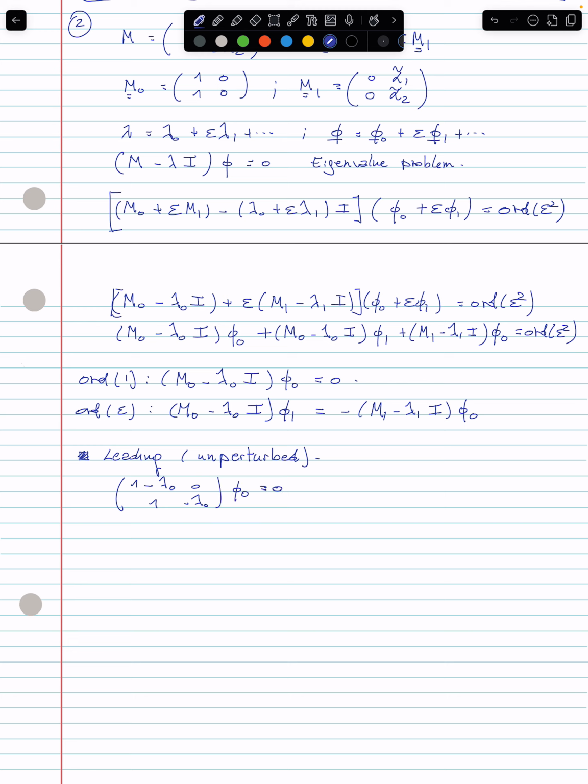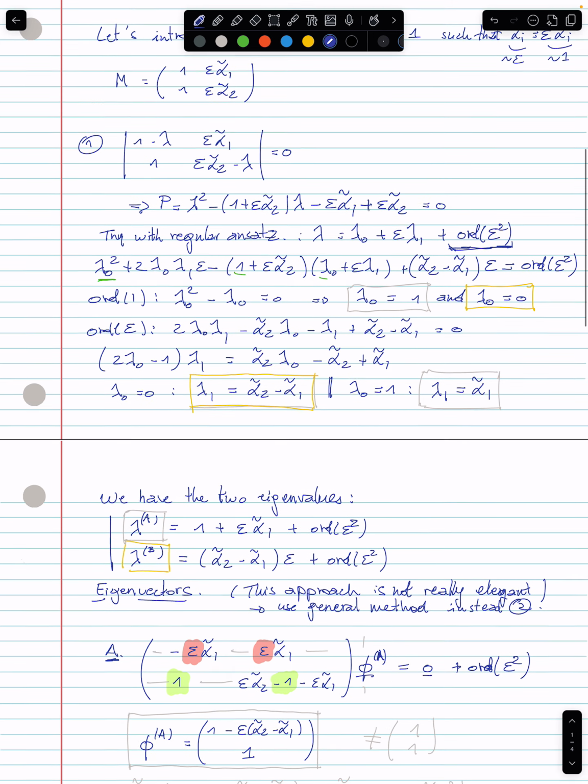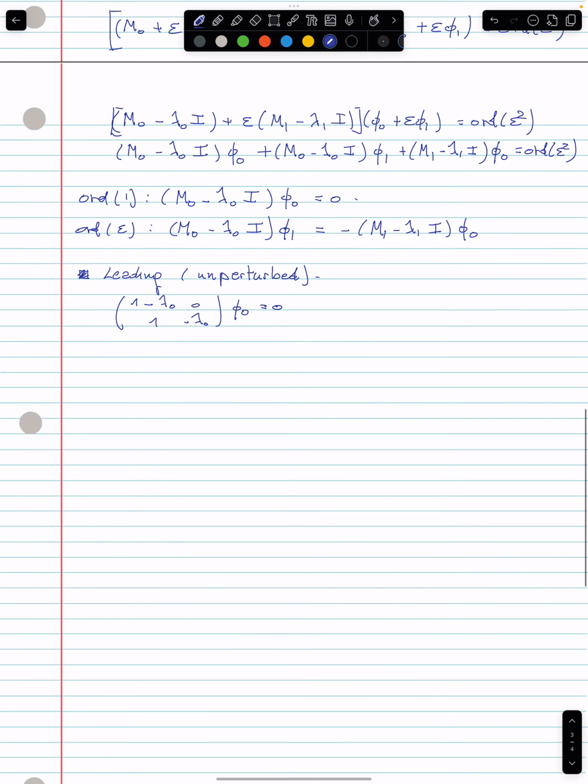So we need to determine the eigenvalues by solving the determinant, which is very similar to what we had earlier, except for the epsilon alpha 1 tilde and epsilon alpha 2 tilde, because we are in the unperturbed problem. So that's even much simpler. In fact, the perturbed problem that we solved earlier in the first approach was not too tough, which makes this problem quite easy to solve, even exactly.